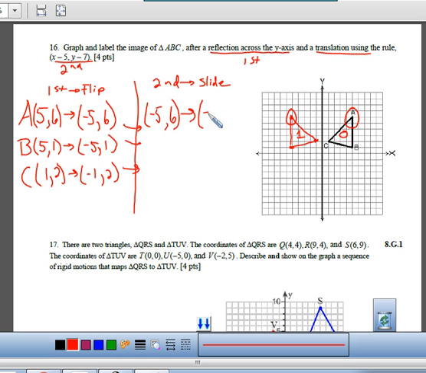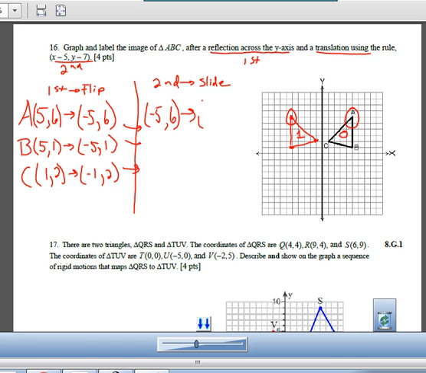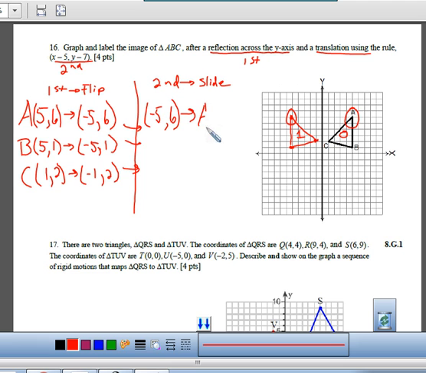Well, when I do that, I get negative 10. Oops, let me fix this. This is going to become a prime. Negative 10. And when I subtract 7 from 6, I'm at negative 1. So there's A prime: negative 10, negative 1.